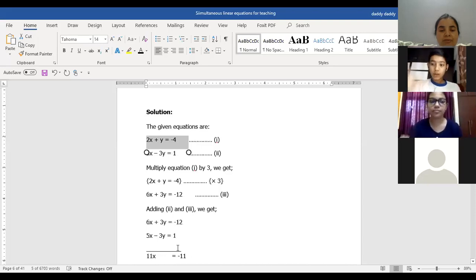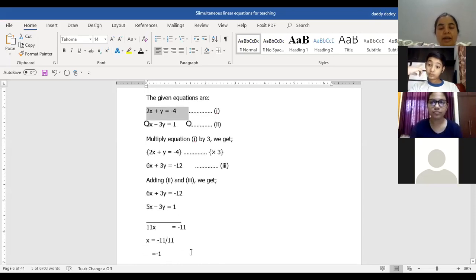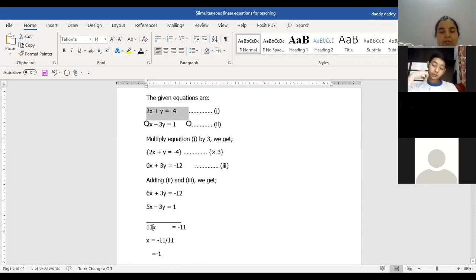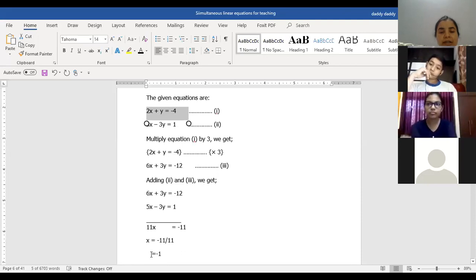Minus 12 plus minus 1 will give you minus 11. So you got 11x is equal to minus 11. After that, you simply transpose this 11 and you will get x is equal to minus 1. So after eliminating variable y somehow, you got the value of x.